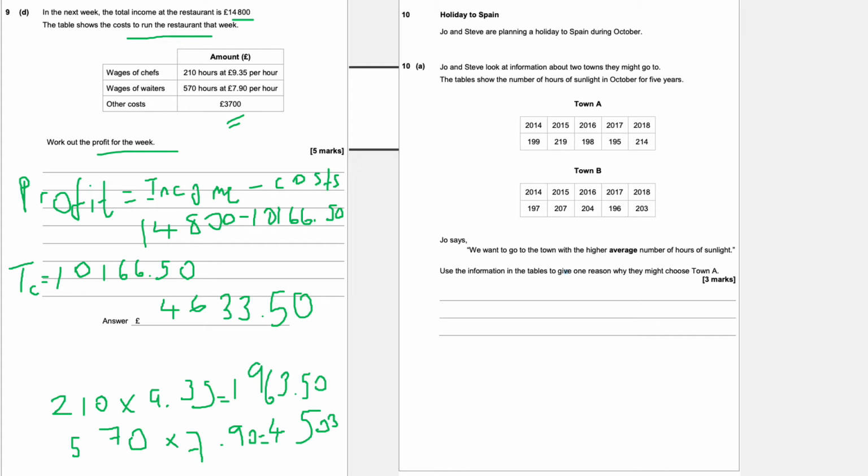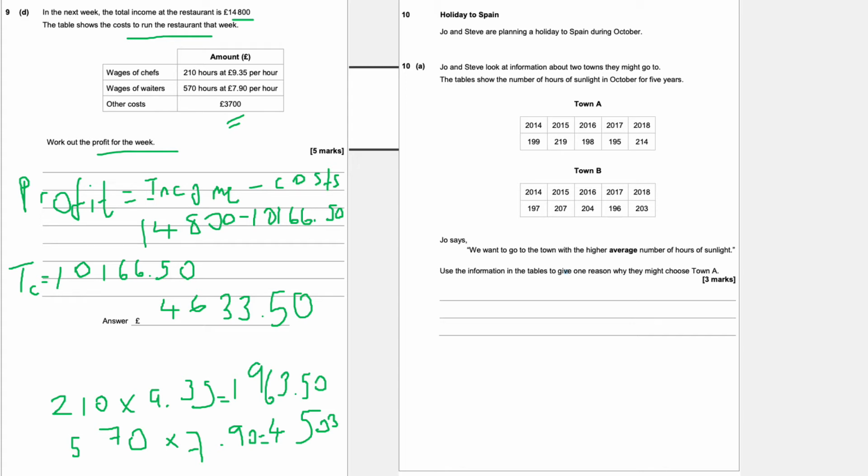So what we're going to do, guys, is look at the period of 2014, 2015, 2016, 2017, 2018. Sorry, so it should be 5 years.